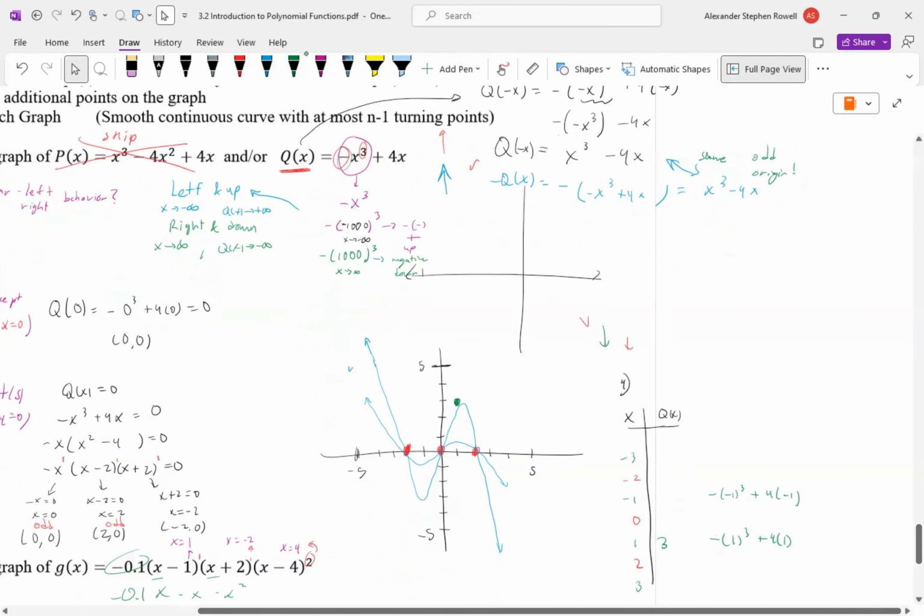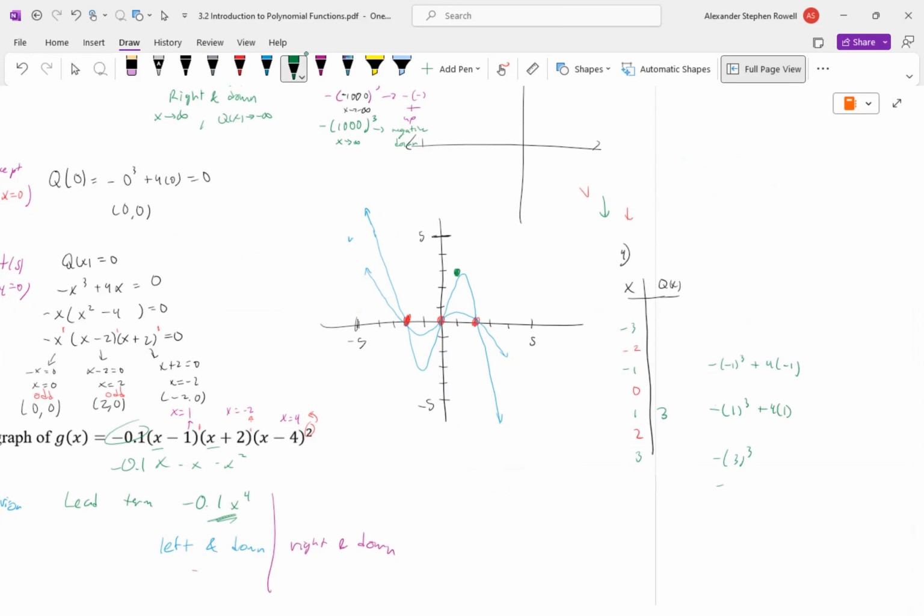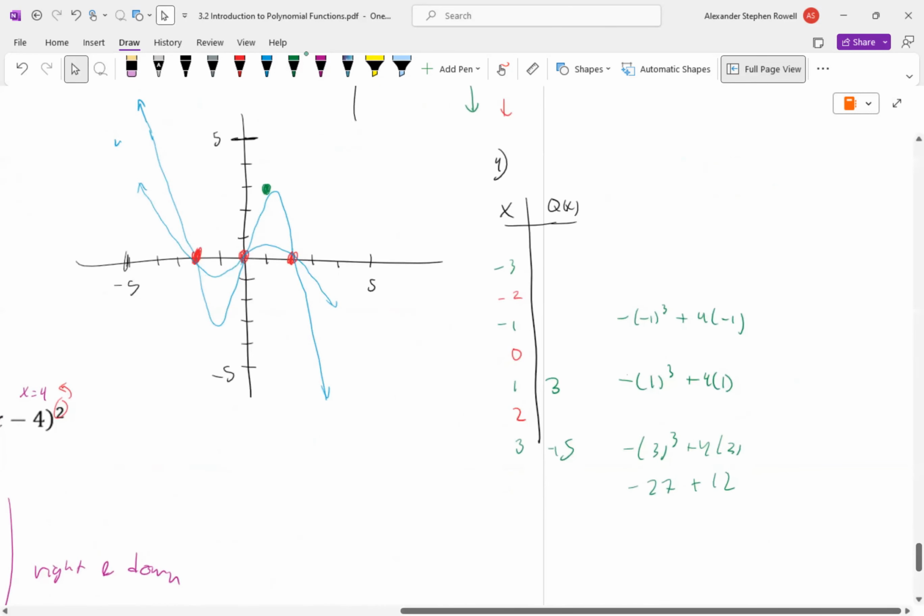So that means if I draw the right half, I know what the left half will look like. So if I plug in 3, I get -3 cubed is -27, plus 4 times 3 is plus 12, is -15. What do I know about odd functions? They're symmetric about the origin.